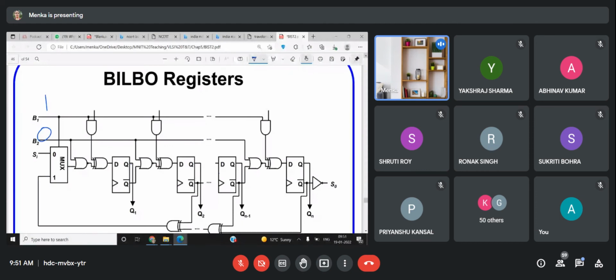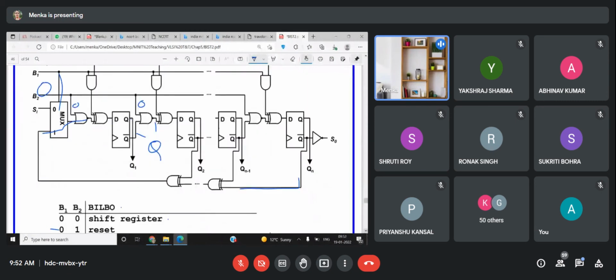So whatever, as I told you earlier, this Q bar will be reflected as Q. यहाँ पर this was, see this is 1, so whatever you were having over here, the opposite of that will be appearing over here. So what exactly was here, just have a look at this. This was Qn, and the XOR of all these bits, the opposite of all these bits is taken, and this is XORed, and then it is going to the input of this. ठीक है?